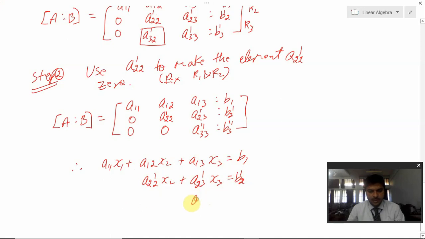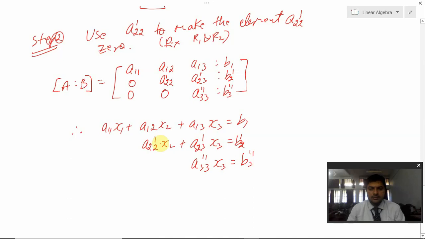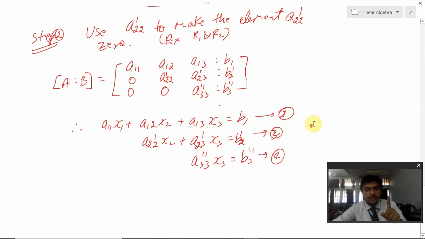Next, A33 double dash x3 is equal to B3 double dash. Okay, then I am going to take this as equation 1. I have taken, so I will take 2, 3 and 4. Okay, is it clear?